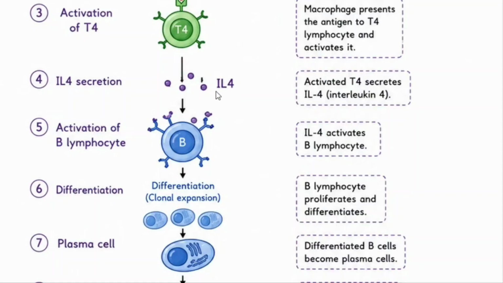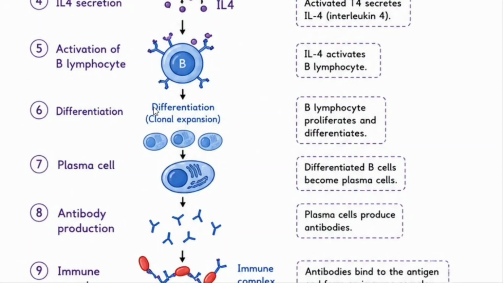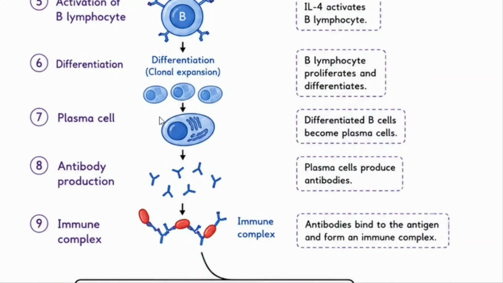The interleukin 4 activates the B lymphocyte, and the B lymphocyte differentiates into plasmocyte, and the plasmocyte produces the antibody.